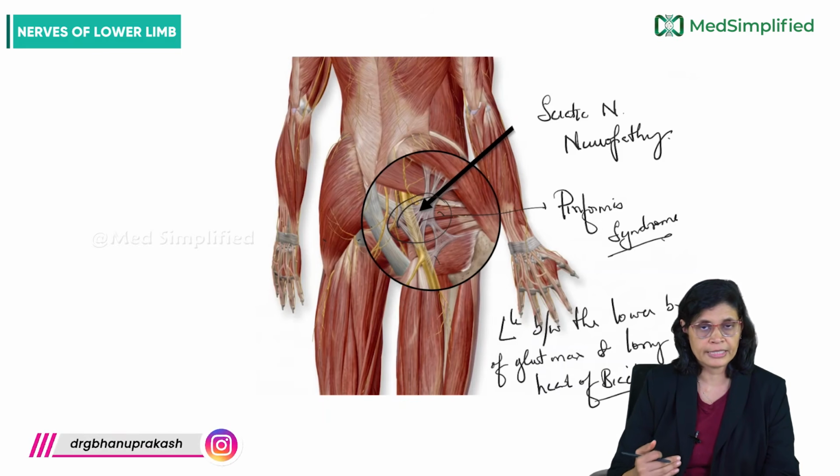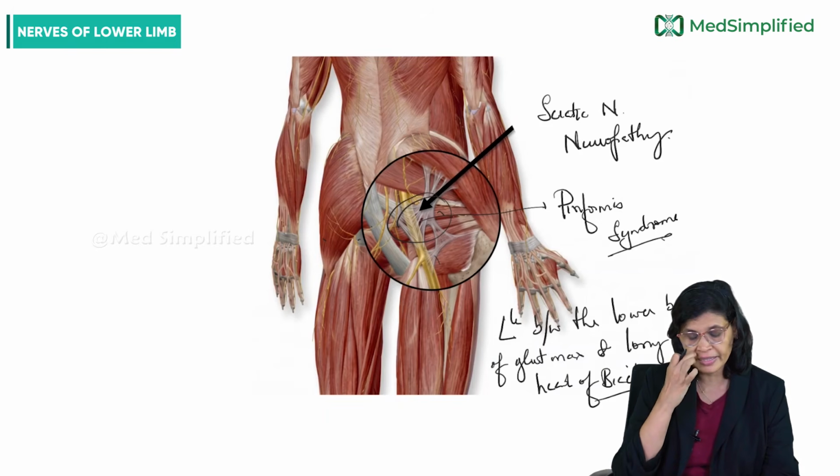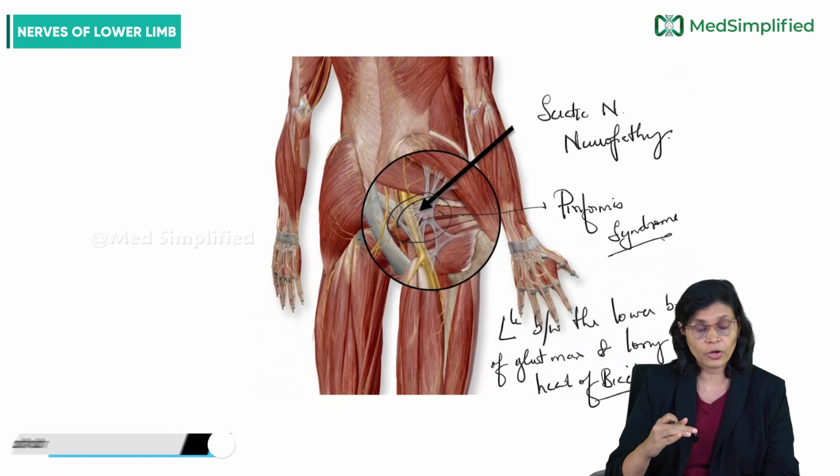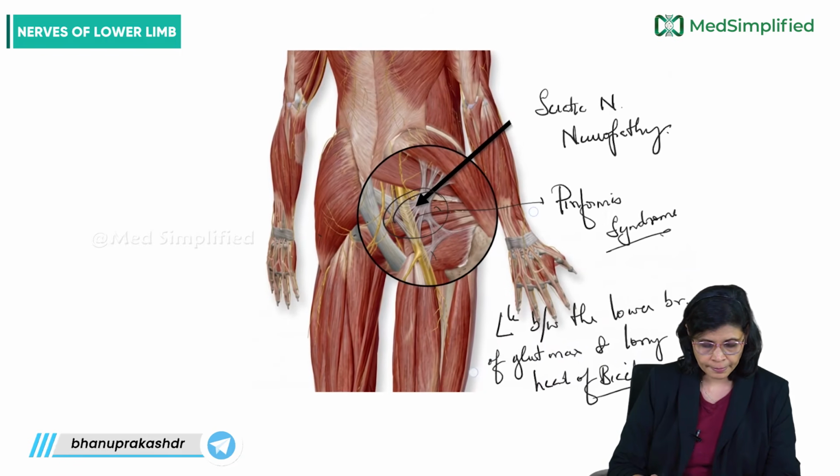Especially when we are sitting at the edge of the chair, or when a person sits on the rod of the bicycle during a double ride, it can cause compression of the nerve, and that will result in what we call the sleeping foot.